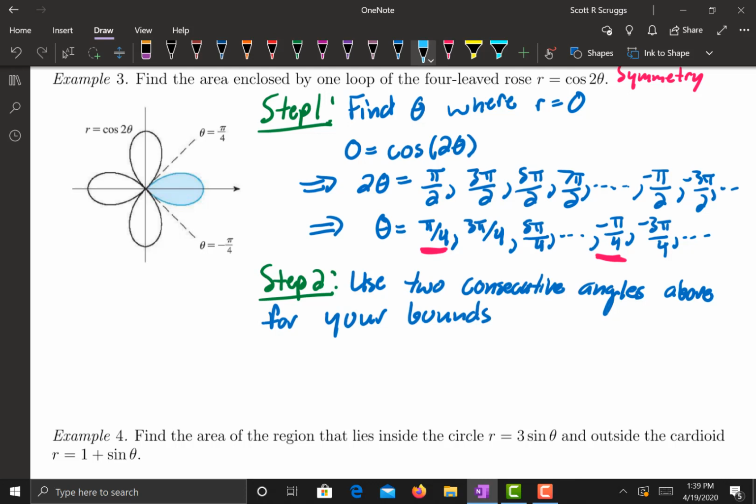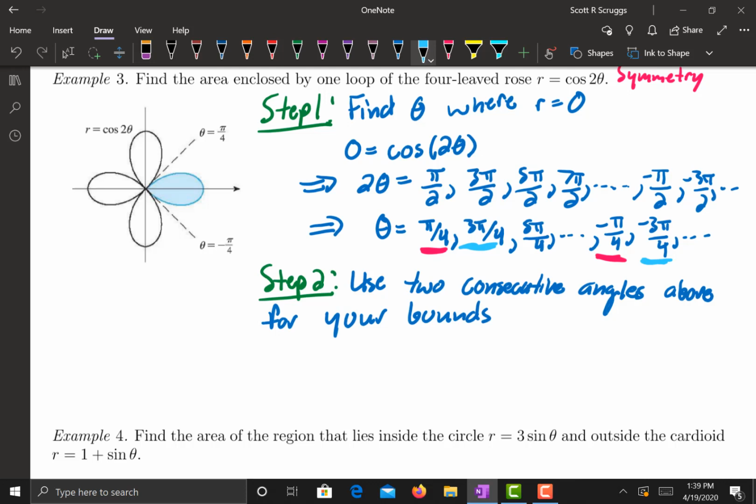A common question will be, why not 3 pi over 4 and negative 3 pi over 4? Well, the main reason why is because 3 pi over 4 is just pi over 4 times 3.